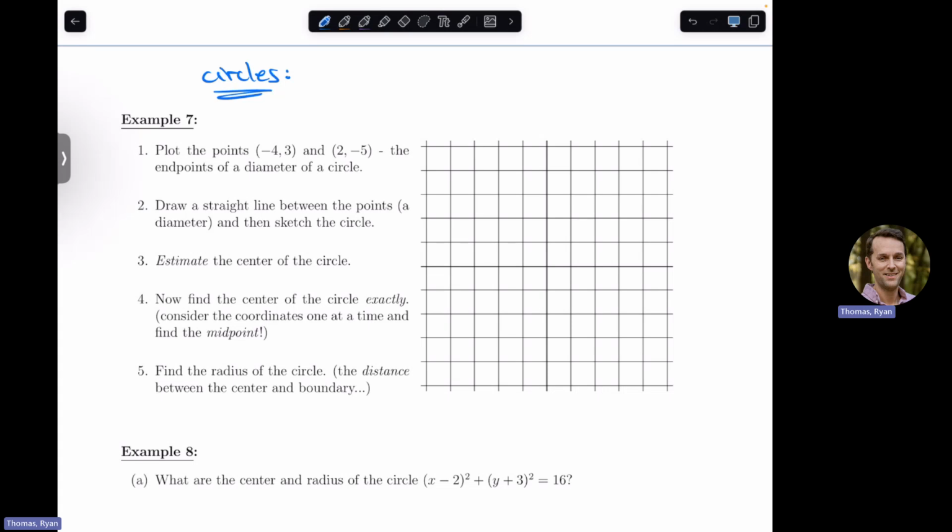Other terminology we need to know though. Emma, you mentioned the circumference. What's circumference? Distance around the outside, right? So it's like the perimeter. If I walked around the outside of the circle, that's called the circumference. One other term we need is the diameter, which is the distance all the way across.